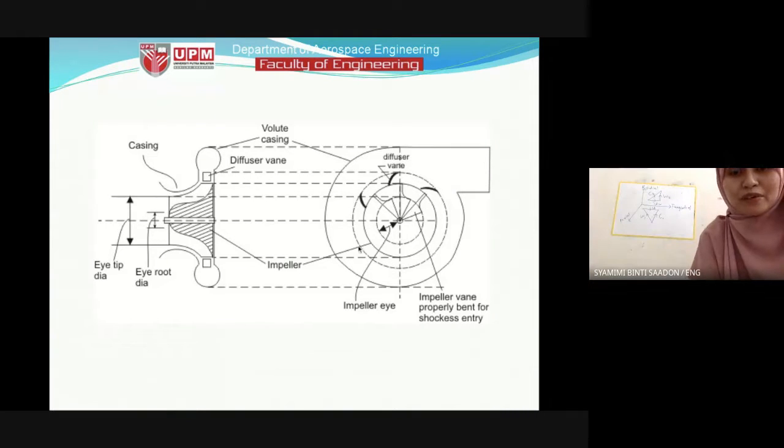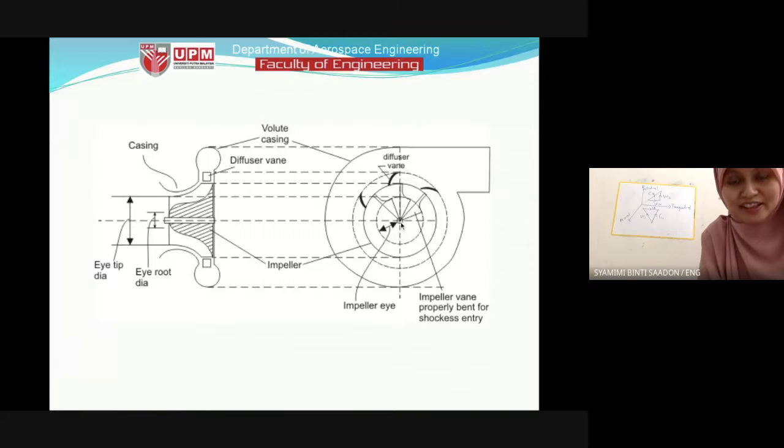If we look from the front view, the air enters at this center and comes out radially. That's why the axis is named radial, depending on the line of the radius of the blade. So radially, it will come out this way.